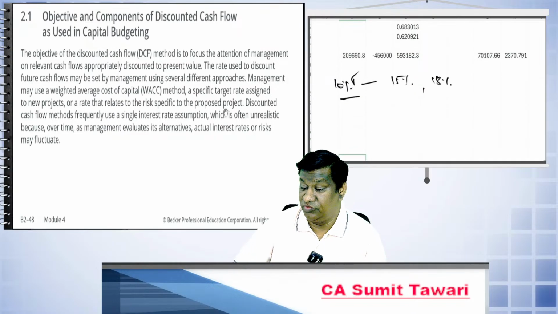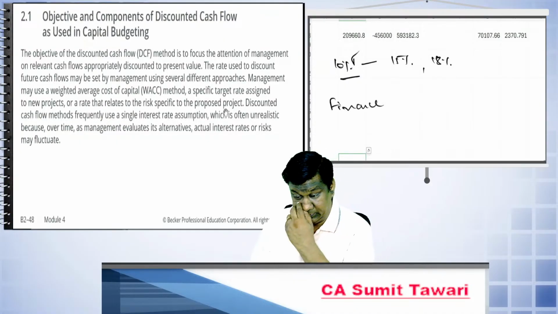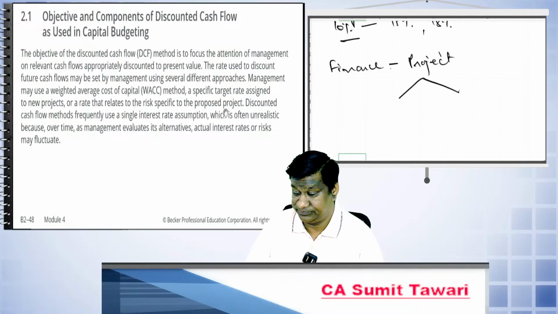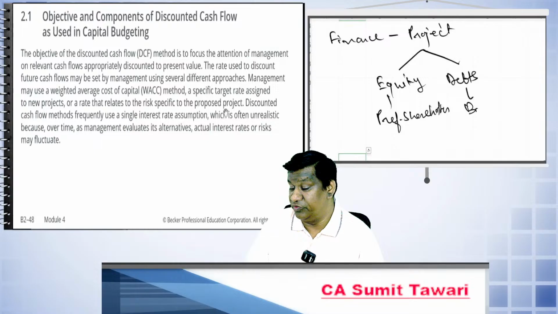We generally finance any project either by way of equity or debt. Equity includes preference shareholders and debt includes the bank term loan. Clear?